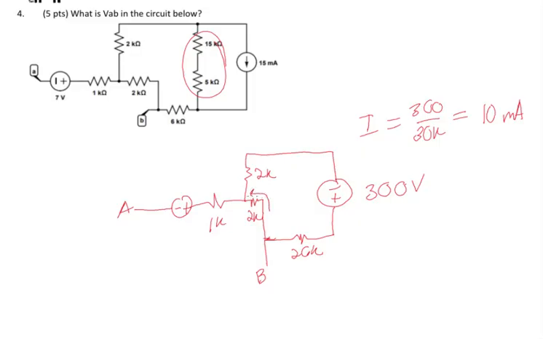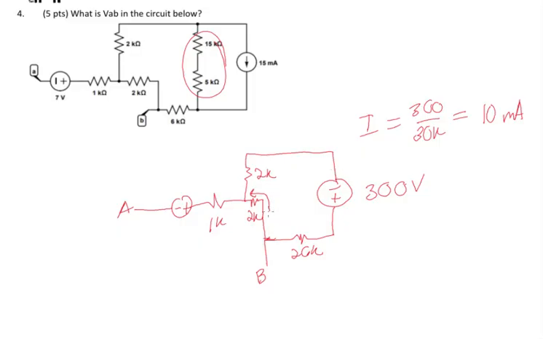Okay, so we have 10 milliamps going this way through the resistor, and there is no current from this branch here because again, these are open. This is effectively not part of a circuit, so the only current going through the resistor, this 2K right here, is coming from this power supply right here.